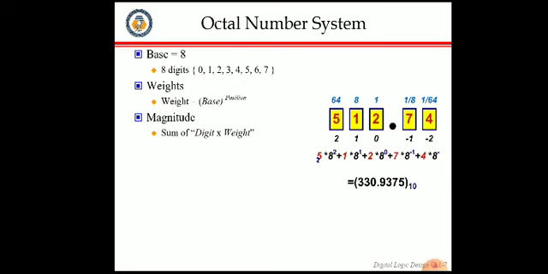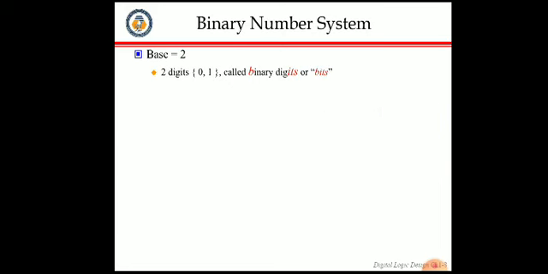So we can expand with the help of weights, and in the final calculation we will get 330.9375. So this is the octal number system. Let us go for another number system, that is the binary number system.